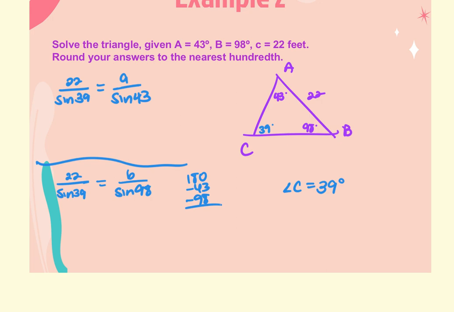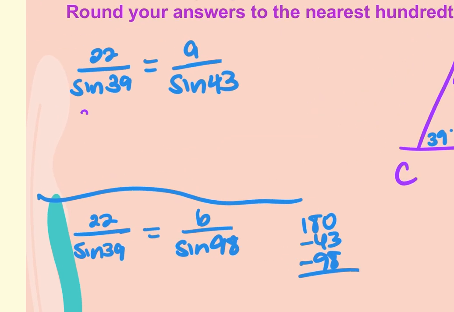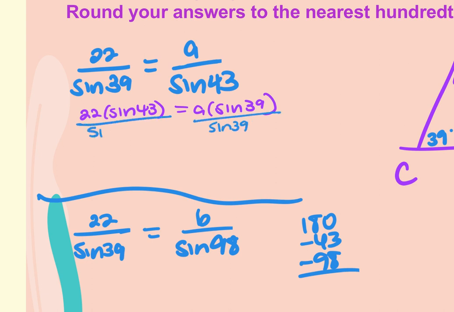So for both, we're going to cross multiply. And then divide. A is 23.84.